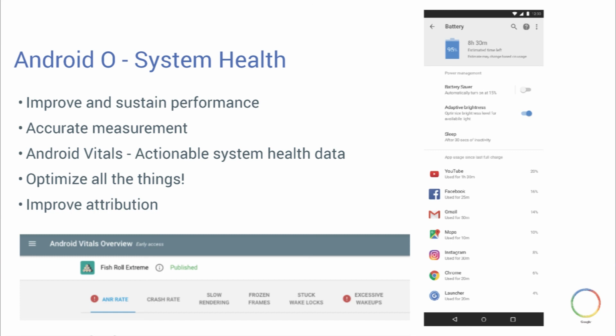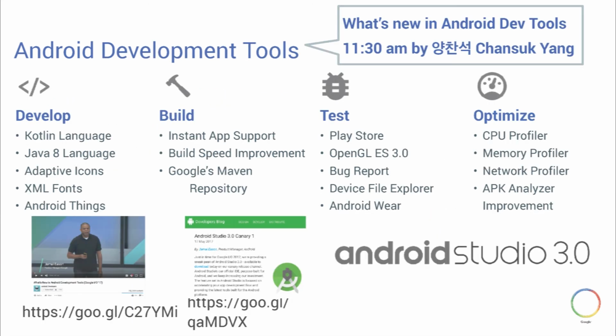So this is something we introduced in Play Console called Android Vitals, and it gives you a lot of ANR data, crash data, frozen frames, etc. Please take advantage of this data and try to improve your applications. For Android development tools, my colleague Chen Sok will cover this in detail right after this talk. So I'll leave it for him to do that.